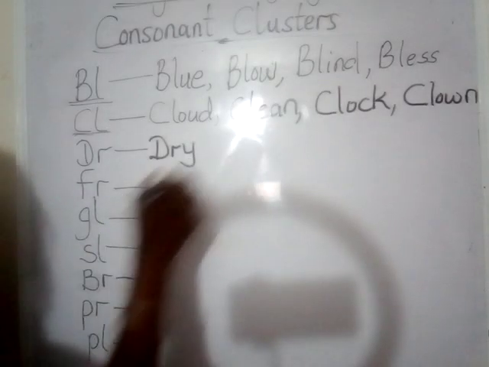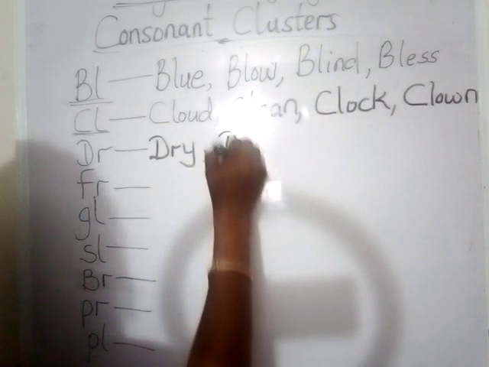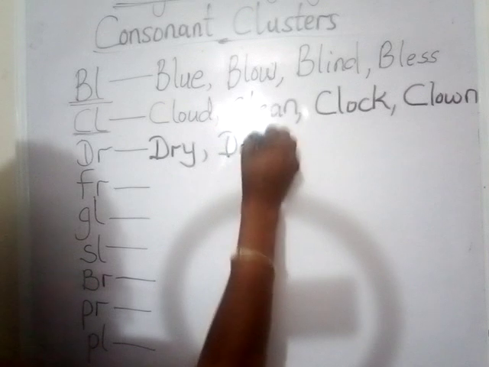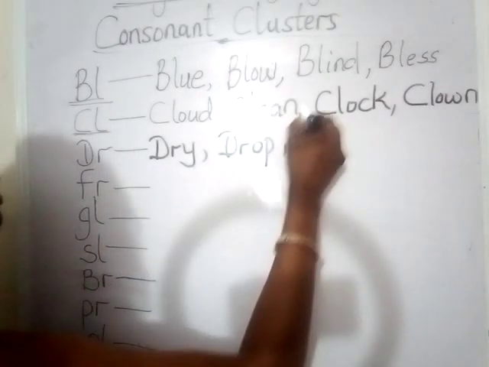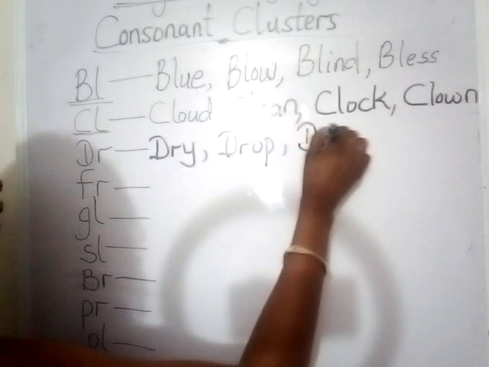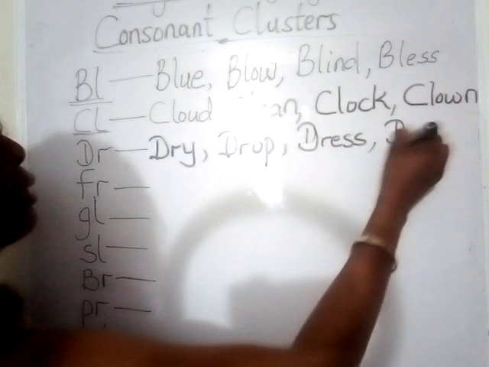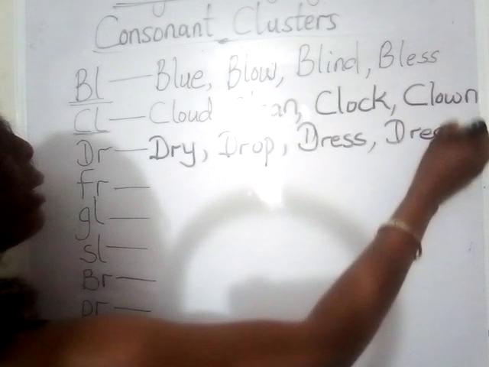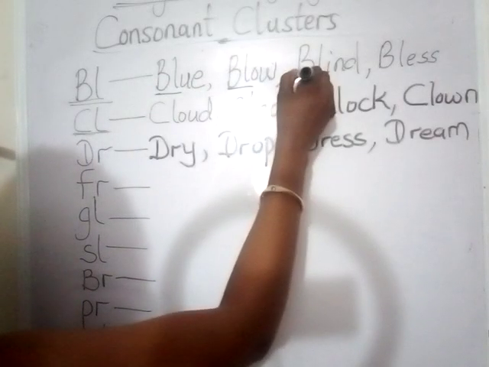So we have dry, we have drop, drop it, drop. We have dress, and we have dream. So let's try and underline the consonant blends that we are focusing on here.